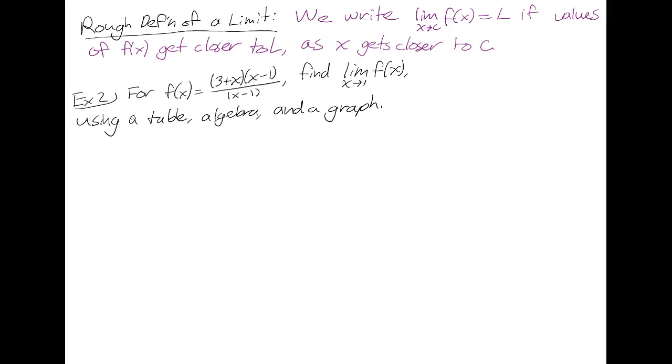So this expression here, the limit as x approaches c of f of x, we think of as the thing that f of x gets closer to. Like what is the output of the function approaching?